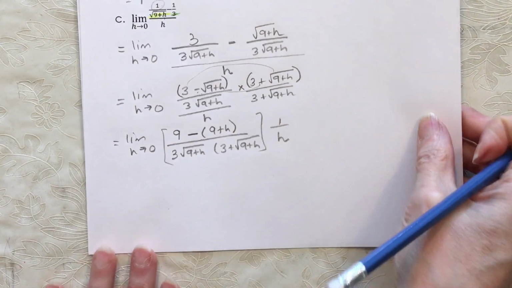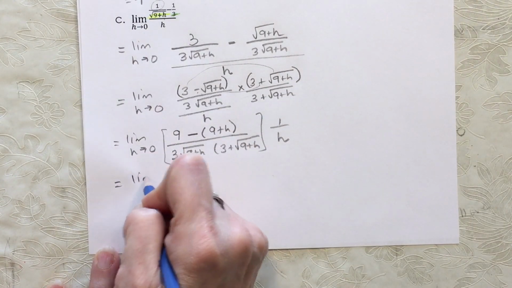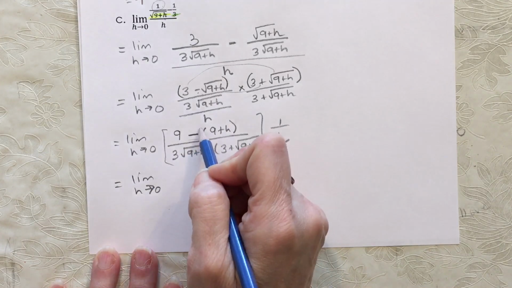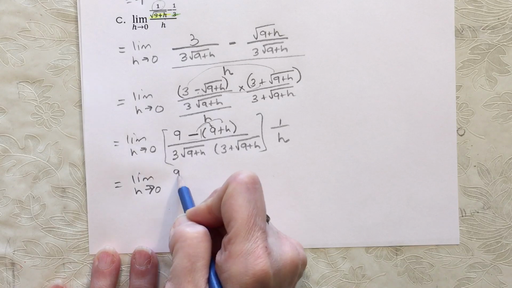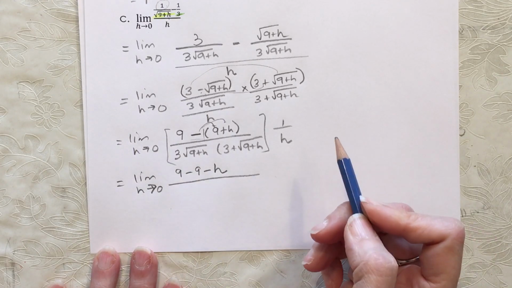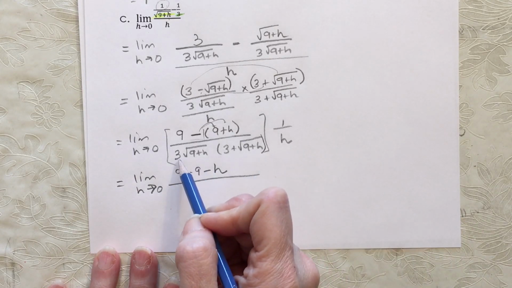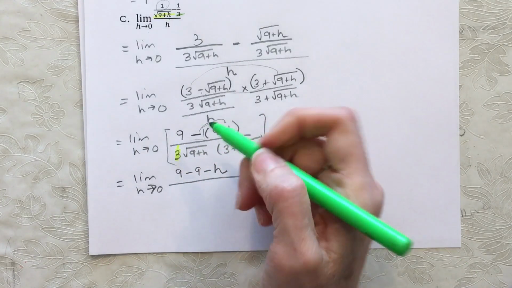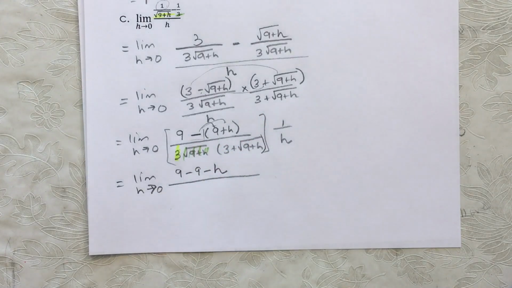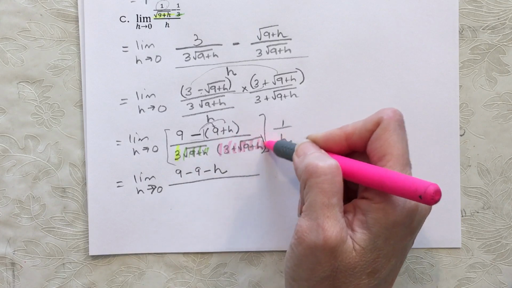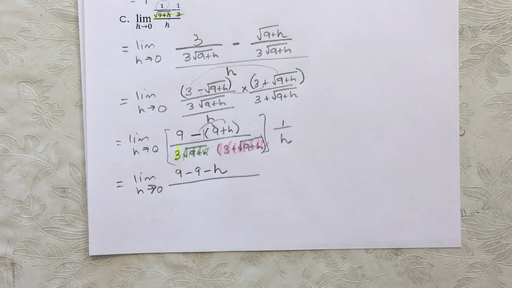Okay, so now I want to simplify the numerator and the denominator. In the numerator, I'm going to have 9 minus 9 minus h, be careful. And in the bottom, I've got a bunch of things multiplying together here. I've got 3, I've got the root of 9 plus h, I've got this binomial 3 plus root of 9 plus h, and then I've got h here.